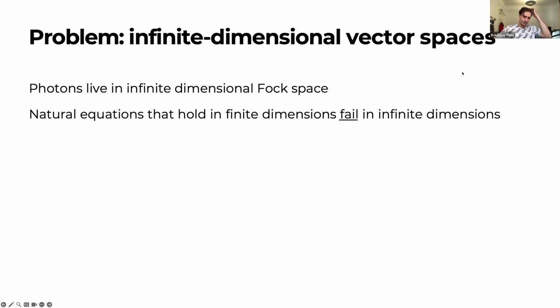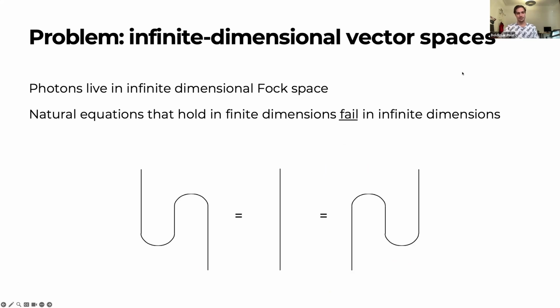But when it comes to photonics, the problem is that photons live in the infinite dimensional Fock space. There are some equations that hold in a finite dimensional case, but are not even sound in the infinite dimensional case. One example of this would be the well-known snake or yanking equations.